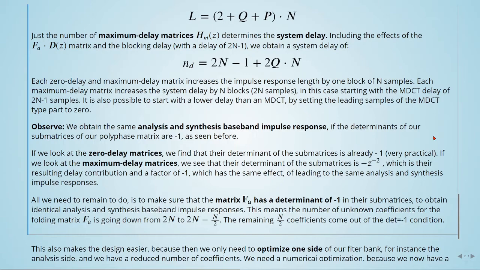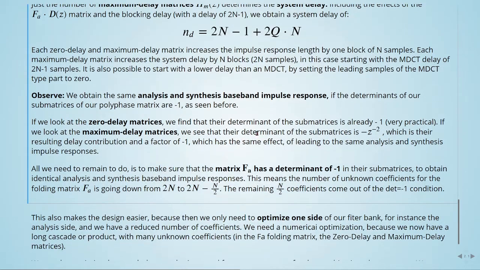If we look at the maximum delay matrices, we see that their determinant of the submatrices is minus z to the power of minus 2, which is their resulting delay contribution, and a factor of minus 1, which has the same effect of leading to the same analysis and synthesis impulse responses. All we need to do now is to make sure that the matrix FA has a determinant of minus 1 in its submatrices to obtain identical analysis and synthesis baseband impulse responses.